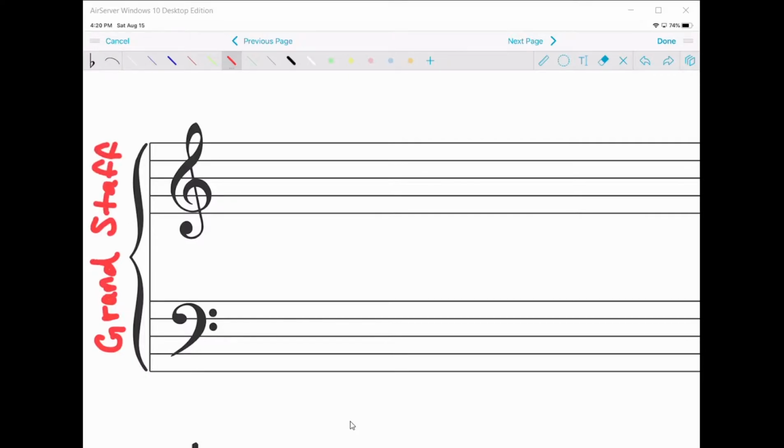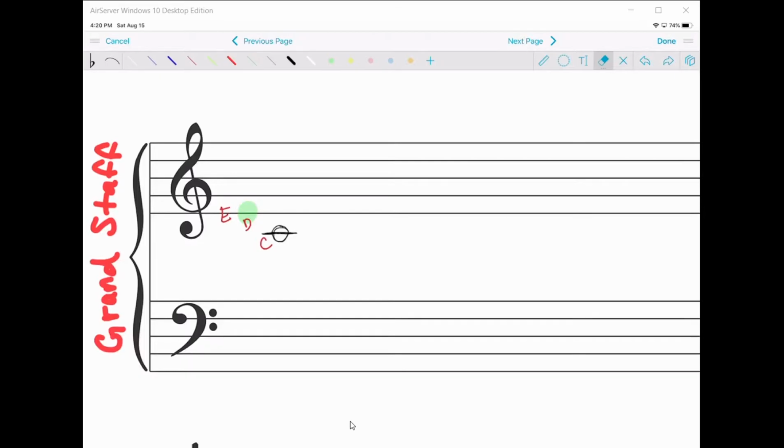Okay. Now, we said before, if we took a look here, this line at the bottom would be E. If I wanted to find that middle C, I need to extend my staff a little bit. So if I added one little line like this, called a ledger line, then now I have room for my C, because this would go down to E, D, and then this would be C. Okay?